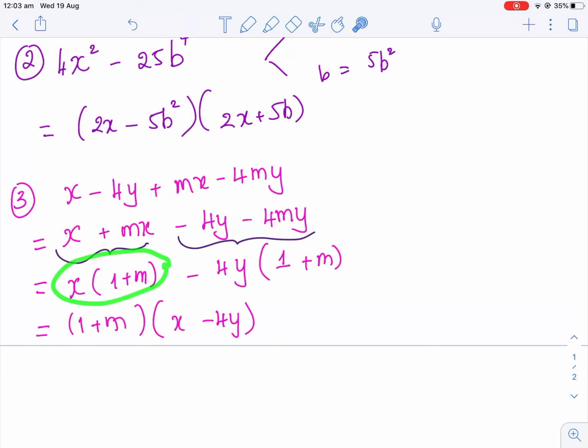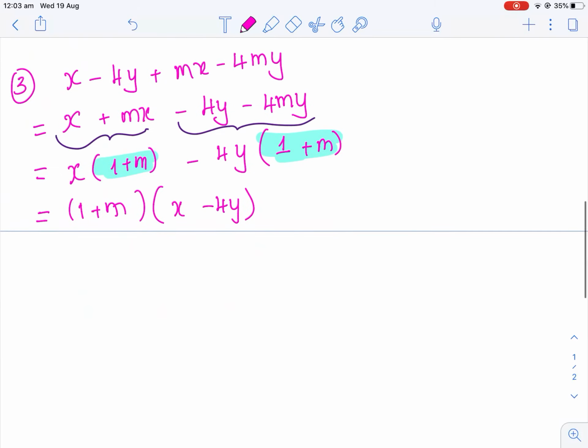Why? Because these two terms have this one as the same common factor. What you do is bring the common factor outside and leave the remaining inside, which is x and negative 4y. And this one is your factorized form. Now move on. One more example.